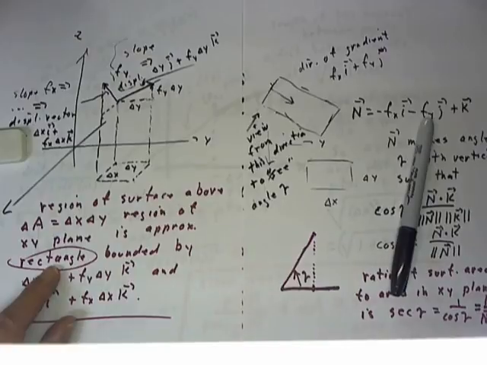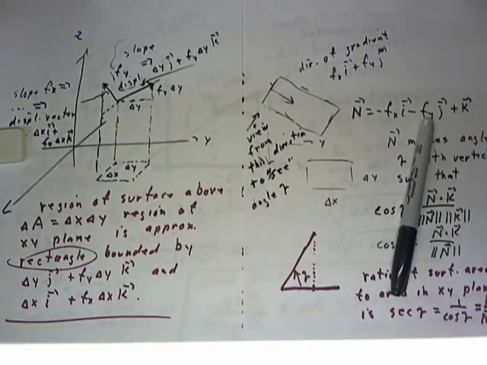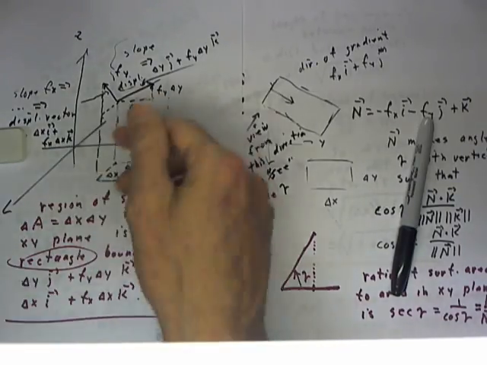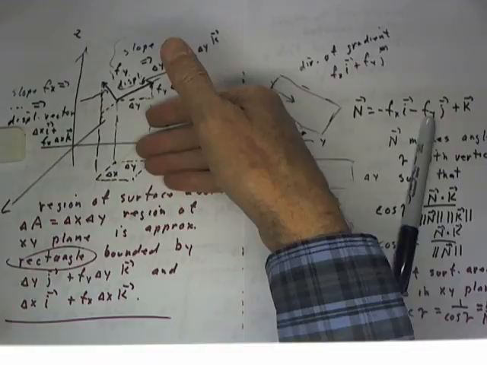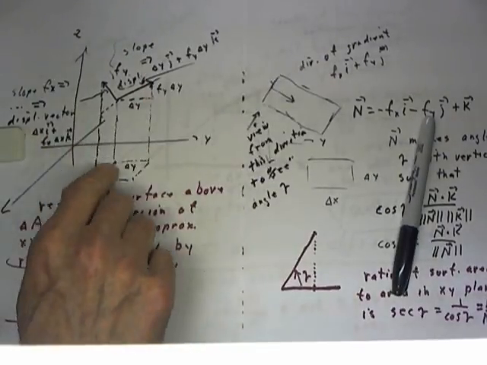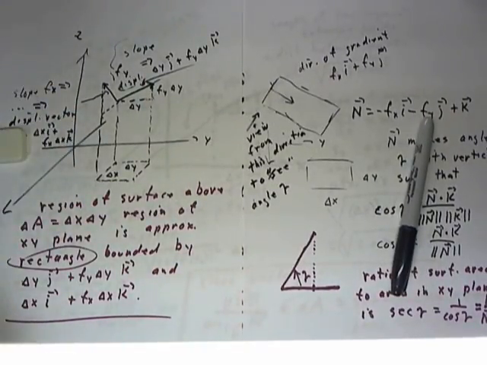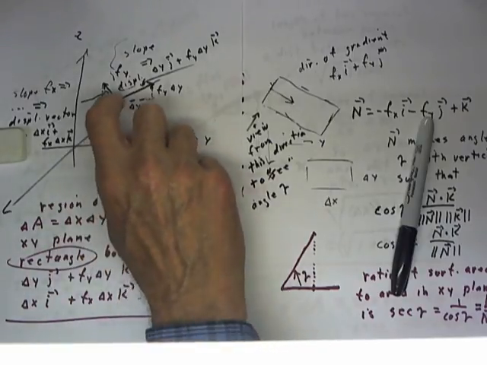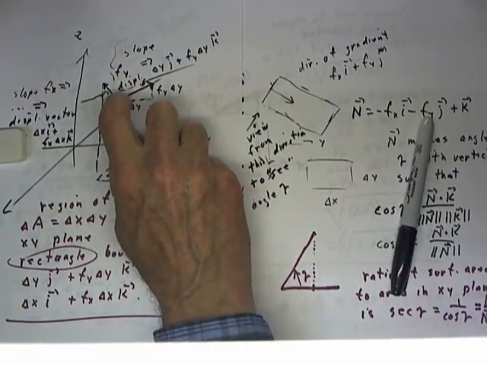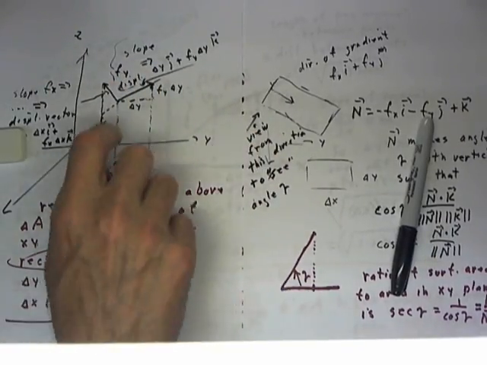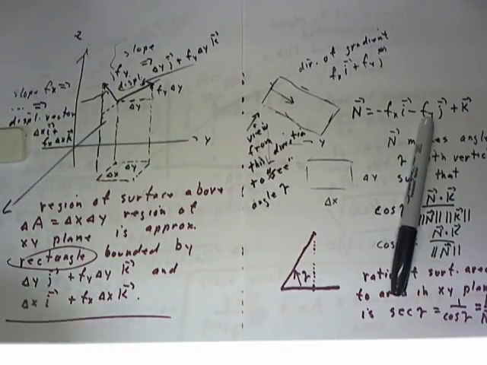The only thing that could possibly be questioned here is that this is a rectangle, and I think it isn't. I think my previous argument falls flat on its face at this point. I said previously that since this vector is in a plane parallel to the xz plane and this vector in a plane parallel to the yz plane, this must be a right angle between these two vectors, and that's clearly not so.